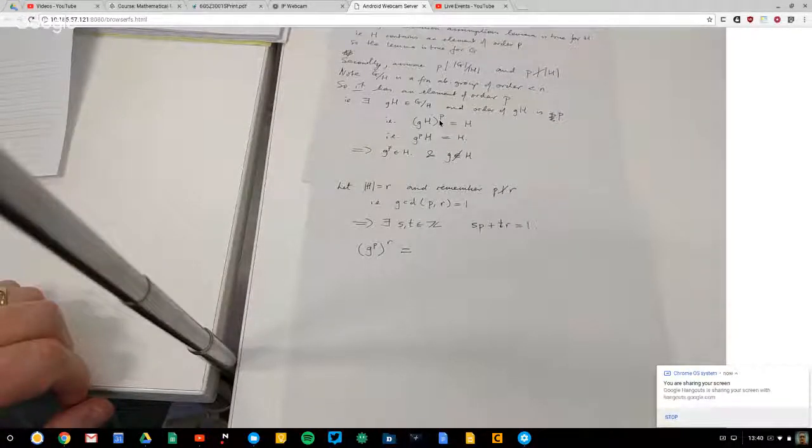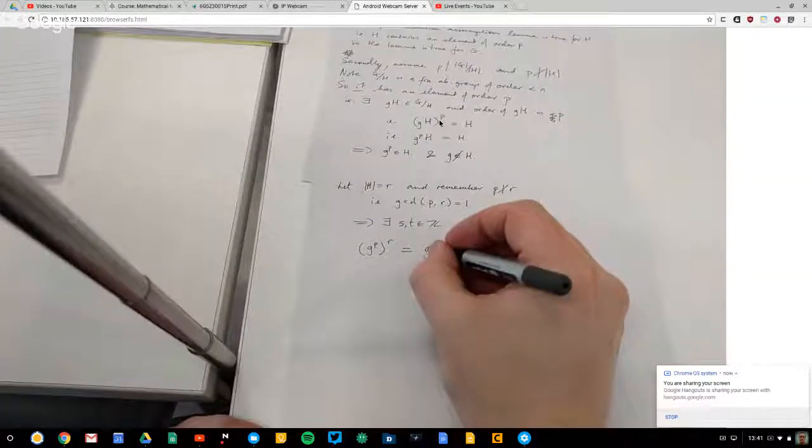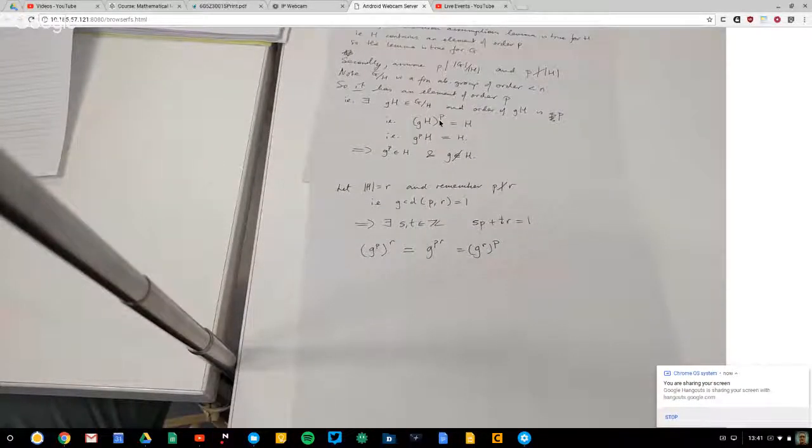Yes, that's just rules of indices. We can also swap the positions: it's G to the R to the P. But all of them are a particular group element, and there's only one answer to that: the identity.